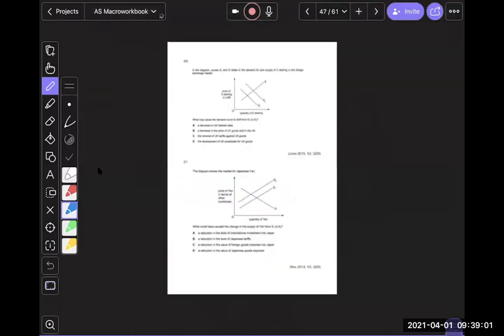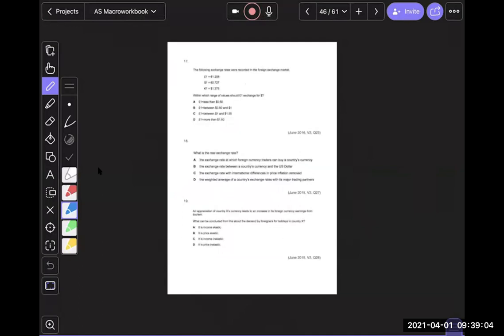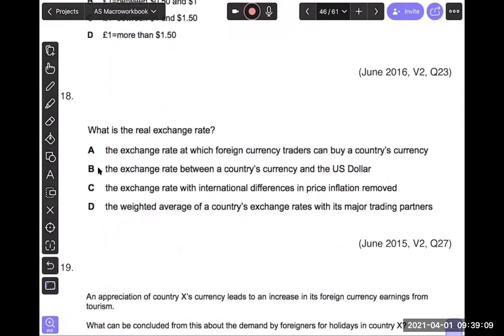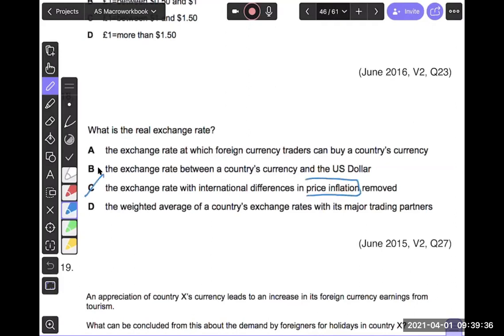Awesome. One more question to do with what we've learned right now. What is a real exchange rate? Guys, remember, real means controlling for inflation. So where do you see that to be the answer? C, good job. It is C, where you are removing the price inflation, or controlling for price inflation.